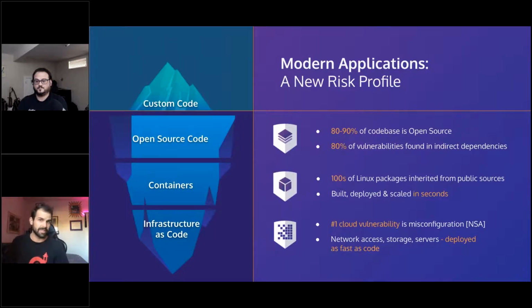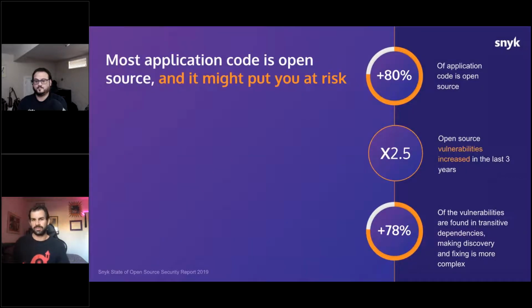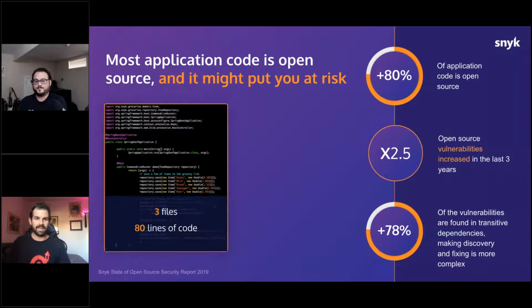So digging into the risks specifically that are introduced, let's start with open source. We've already stated that the majority of an application's code base is open source. So what does this mean? Think about it in terms of dependencies. I have this application that I wrote.